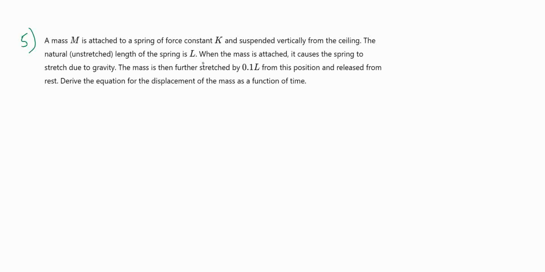The natural unstretched length of the spring is L, and when the mass is attached, it causes the spring to stretch due to gravity. The mass is then further stretched by 0.1 L. So derive the equation for displacement of the mass as a function of time.